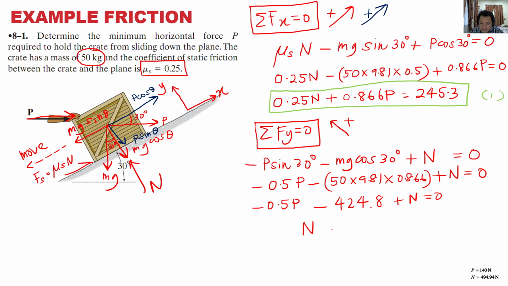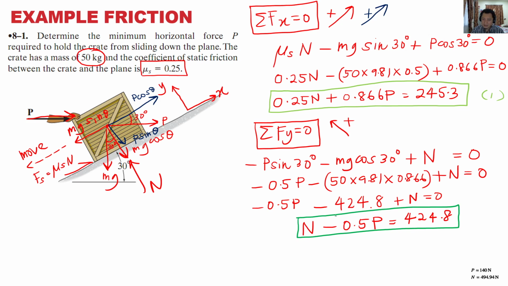N minus 0.5 P equals 424.8. This will be your equation number 2. Make sure it is arranged properly, N at the front.